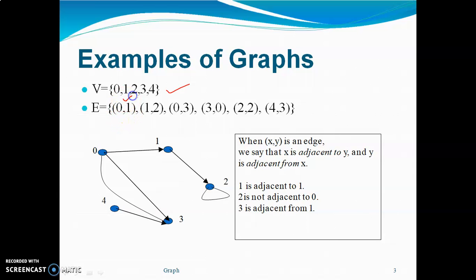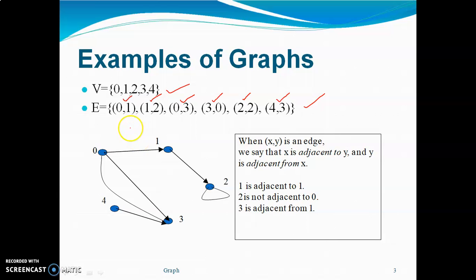Vertex 1 to vertex 2 is another edge, 0 to 3 another edge, and 3 to 0 another edge, and 2 to 2, that is a self edge from vertex 2 to vertex 2, and 4 to 3 is another edge. So this is the representation of the edges.